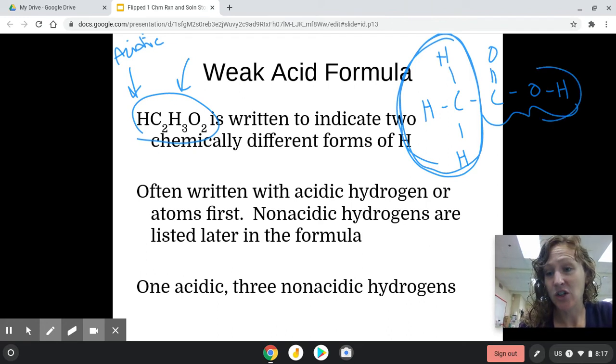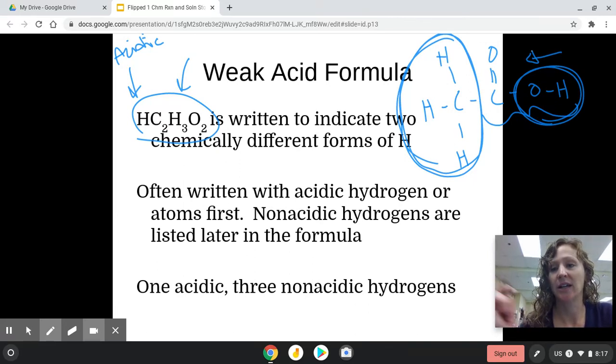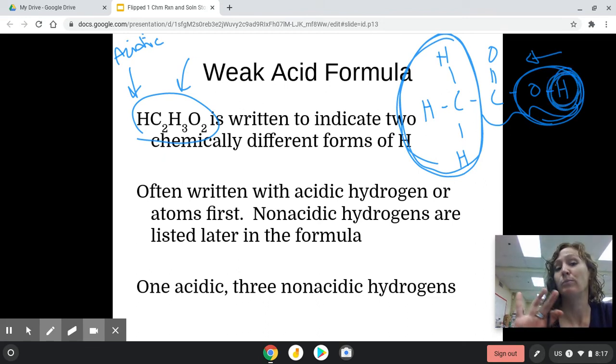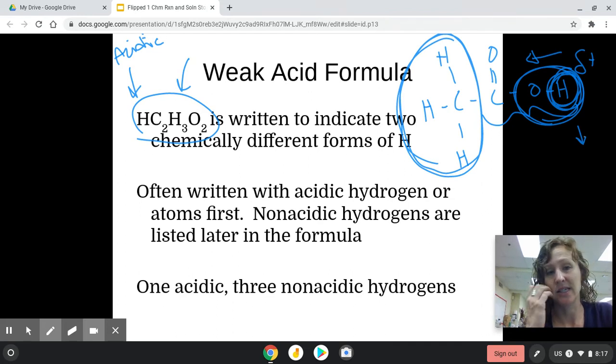But this hydrogen here, these electrons are going to be pulled very strongly towards oxygen, because oxygen is so electronegative that it leaves this hydrogen here almost like bare or free of electrons. It's very partially positive, and so it is going to be more easily dissociated.